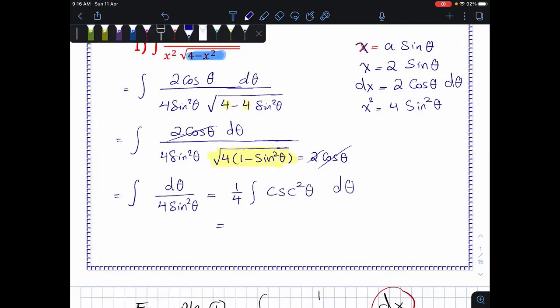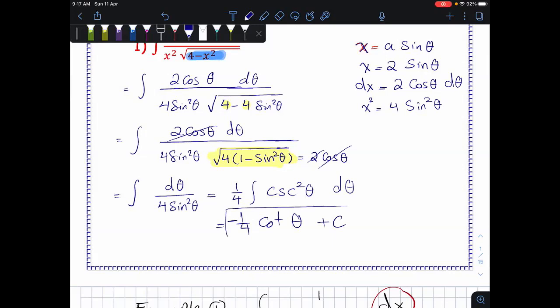The integral of cosecant squared is negative cotangent theta plus c.